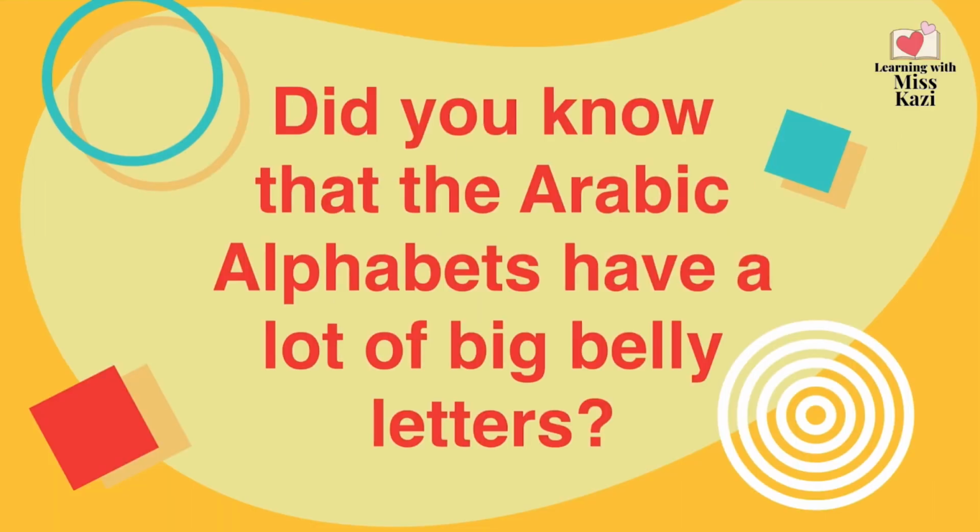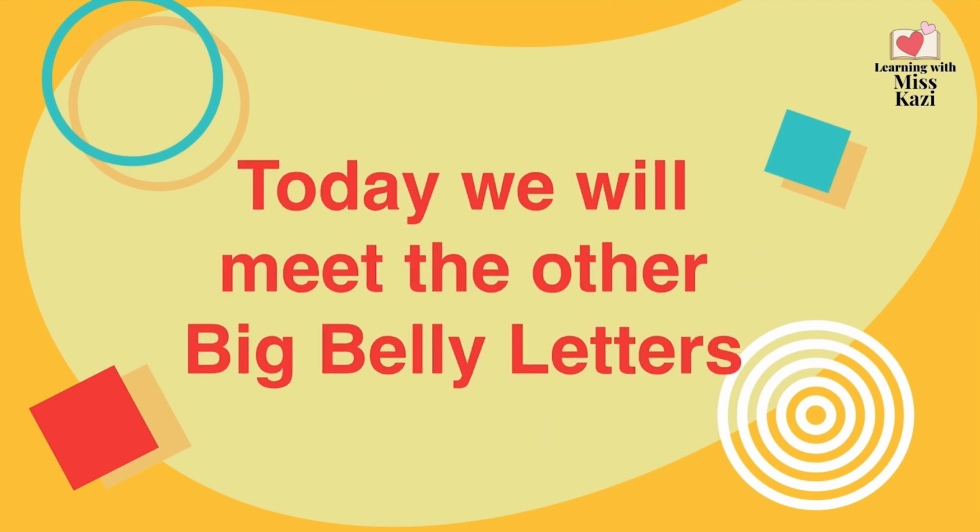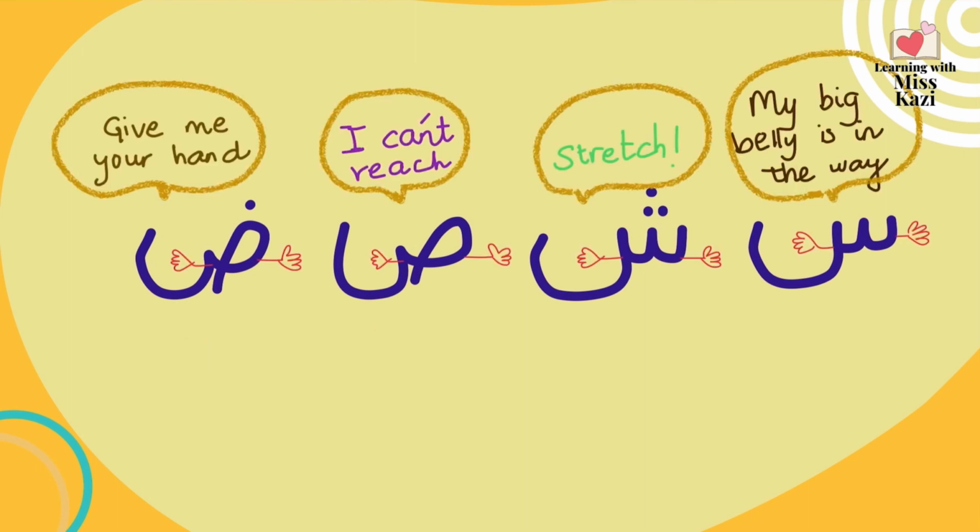Did you know that the Arabic alphabets have a lot of big belly letters? Today, we will meet the other big belly letters. Seen, Sheen, Saad, Daad. What happens if these letters want to hold hands?